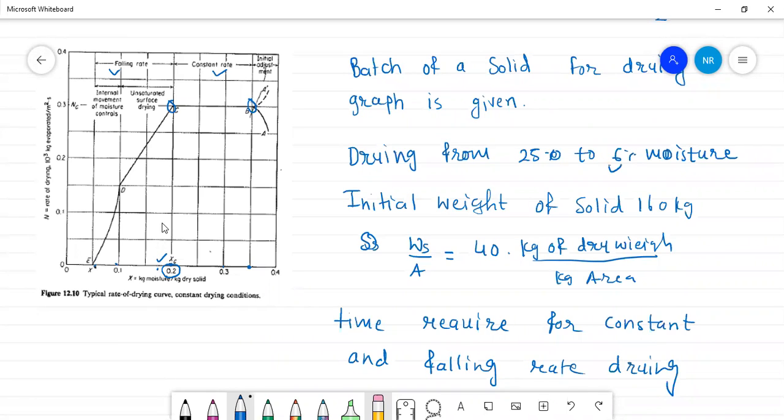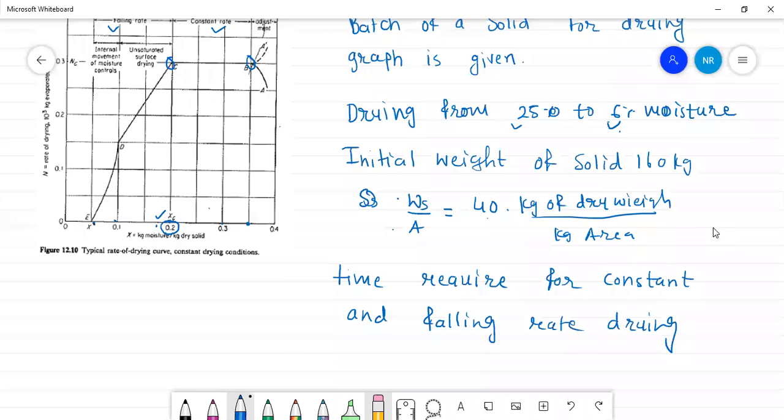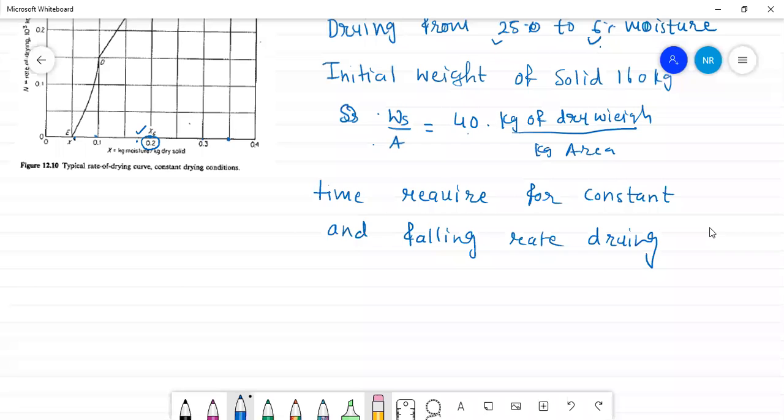So we start from 25% moisture. You have to convert percentage into numerical form. Then we calculate how much time is required for the constant rate period, and then from the constant rate period up to 6% moisture, how much time is required. Ws per A is given as 40.